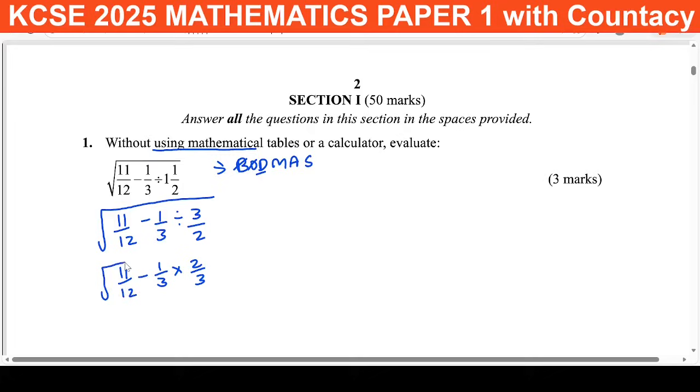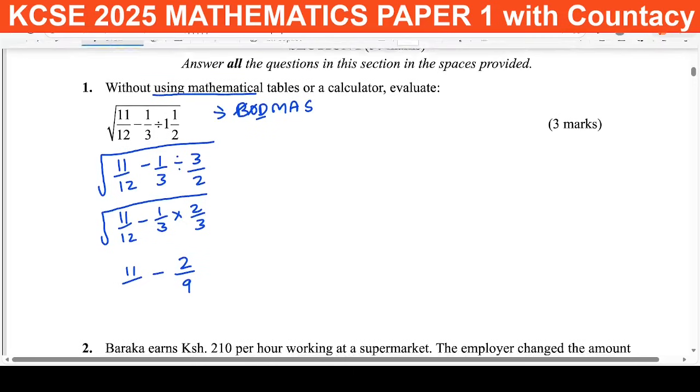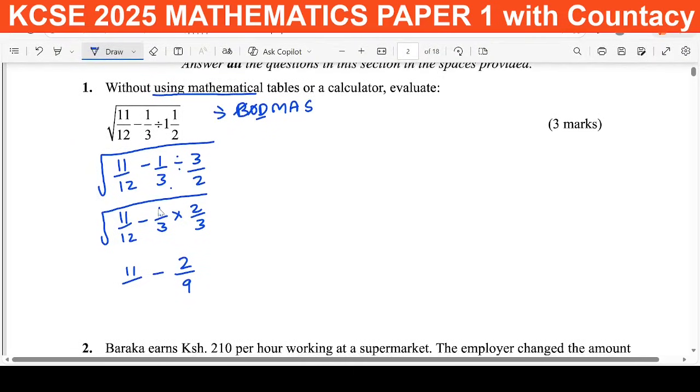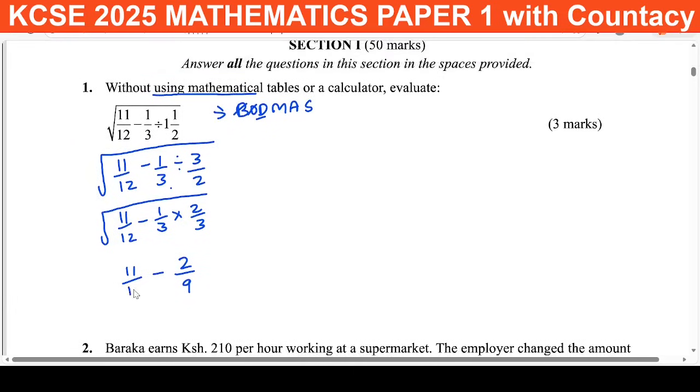And remember, don't forget this square root sign. Finally, we can do this multiplication. We have 1 over 3 times 2 over 3. We multiply the numerators, 1 multiplied by 2 gives you 2, and the denominators, 3 by 3, give you 9. The question is becoming much simpler because here we now have 11 over 12. Therefore, we simply write it here, 12, and then we have the square root.